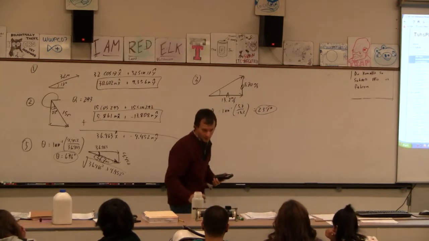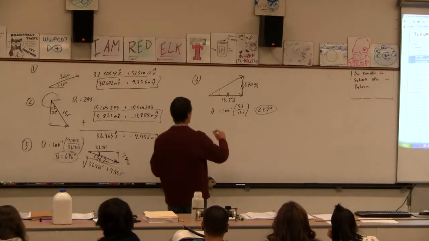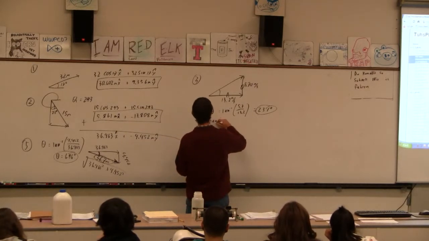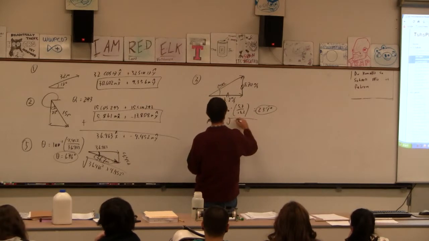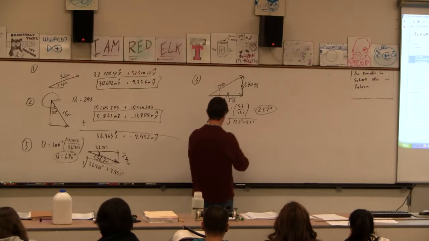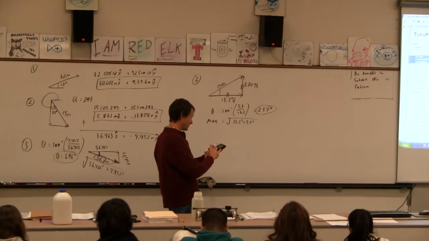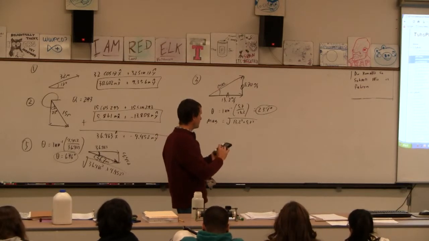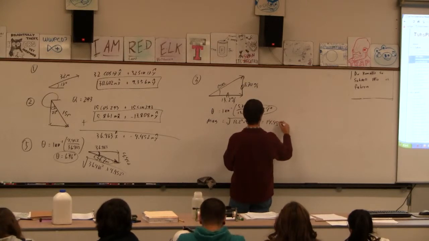And then the magnitude here, the magnitude is the hypotenuse, right? And so that's going to be the square root of 13.2 squared plus 5.7 squared. So square root of that, that's 14.4. Ta-da.